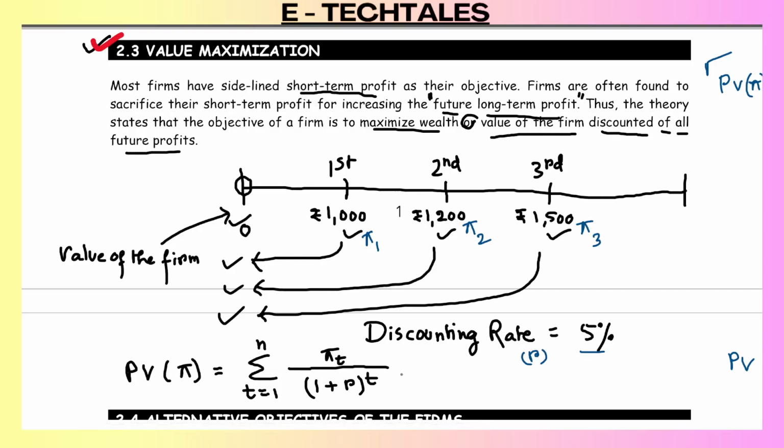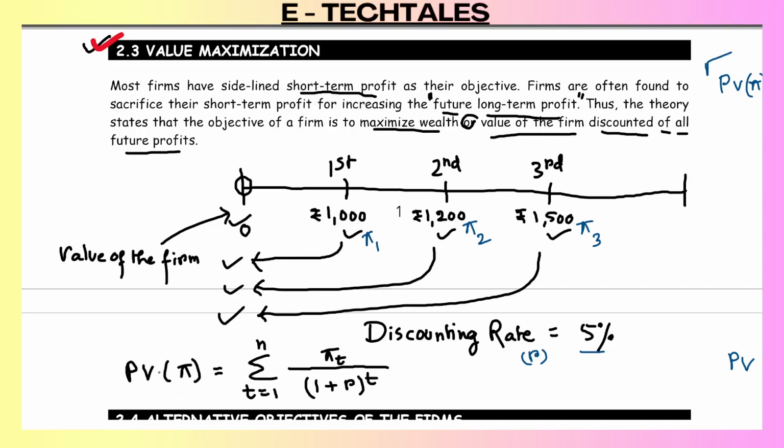The pronunciation is the present value of pi is equal to the summation from t equals 1 to n of pi sub t over 1 plus r raised to the power of t.